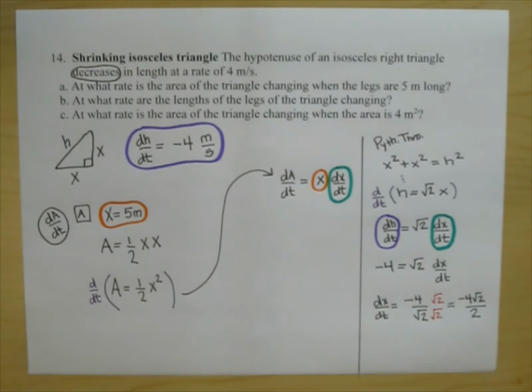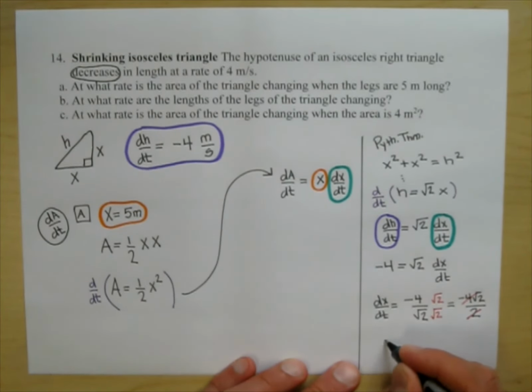Then of course those guys cancel, and I end up getting dx dt equals, let's see, that's going to be negative 2 root 2.